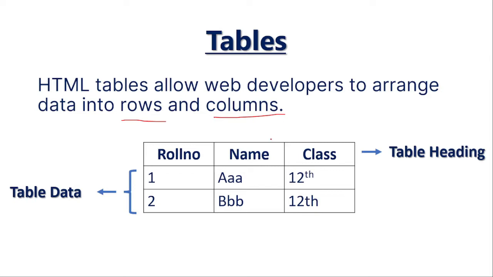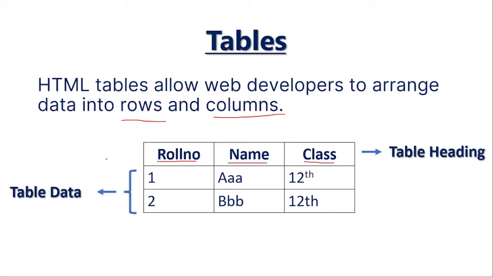Okay. So ये table जो हमारे पास बना हुआ है, you can see this table and we have 3 rows in this table. The first row which is displaying you the table heading, and the first heading is roll number, second heading is name, and third one is class.